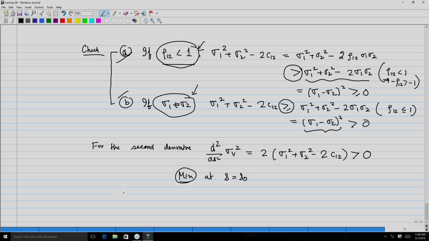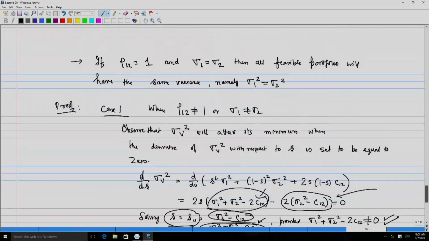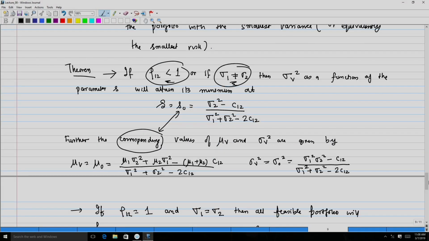Okay. Now, if you go back to the statement of the theorem, I said that these are going to be the corresponding values for mu v and sigma v. So, you can obtain these values. These are nothing but specific values of mu v and sigma v when you replace S equal to S naught.